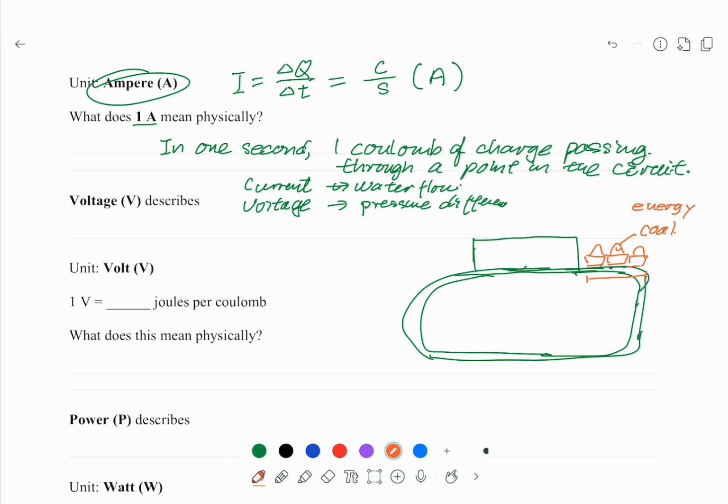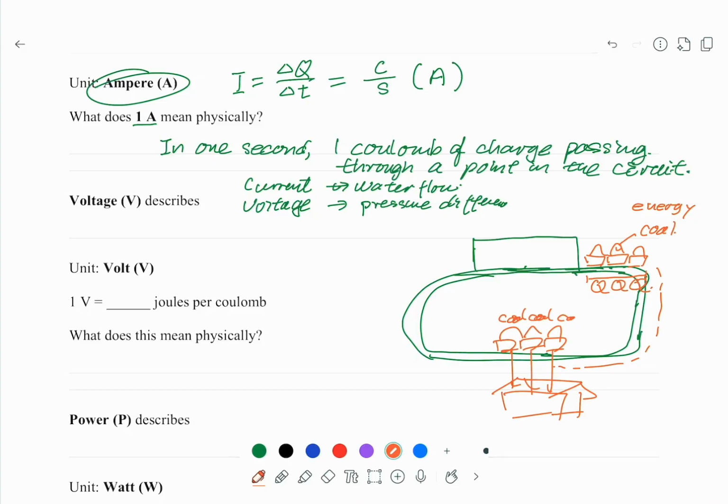So we now ask, what carries the energy? It's the carriers. In our analogy, it's the train, and you can think of it like a charge. They carry the energy. Now this train moves around until it reaches here, where it delivers the energy to the house and burns it.